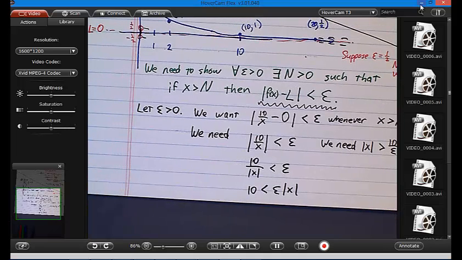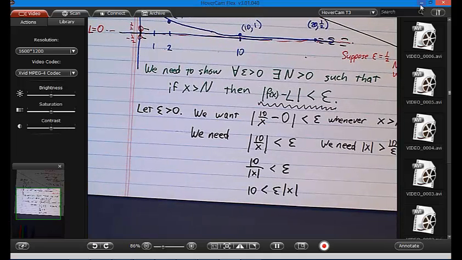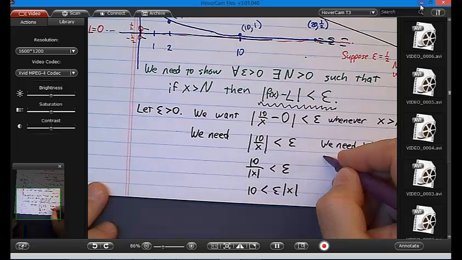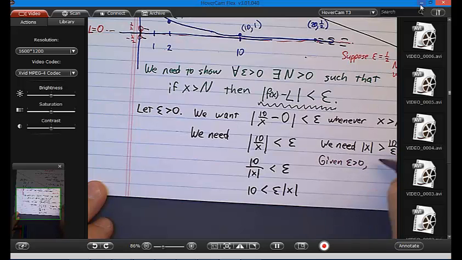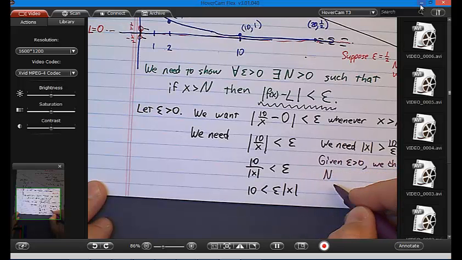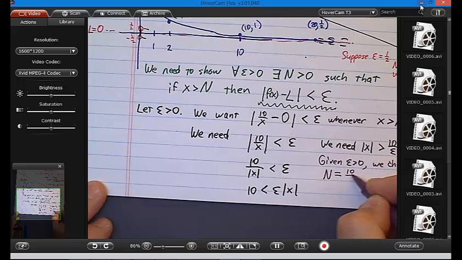And so here's the trick. Given epsilon greater than 0, we choose capital N to be equal to 10 over epsilon.